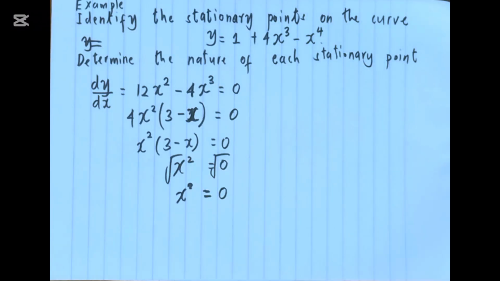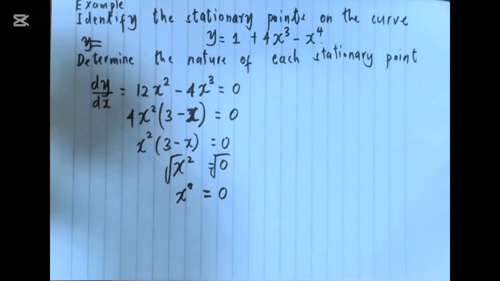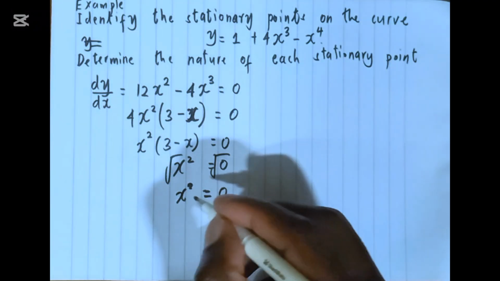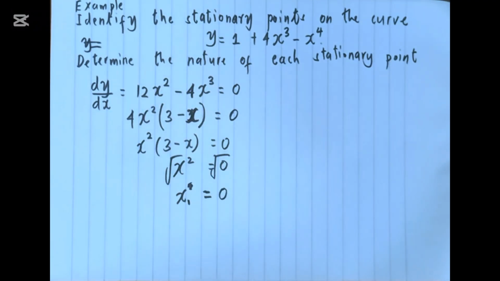So we cannot have plus or minus 0. We cannot have 0 that is positive and negative. 0 is just 0. Okay, so the value of x1 here will actually be 0.